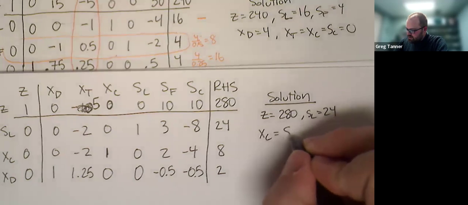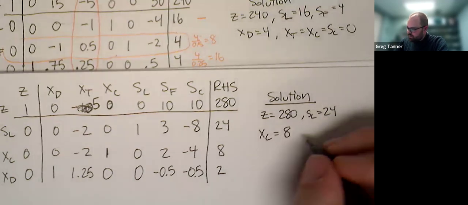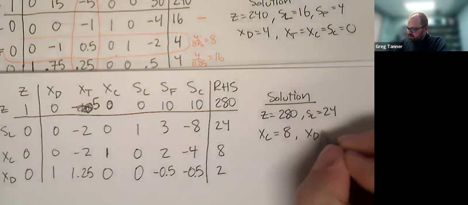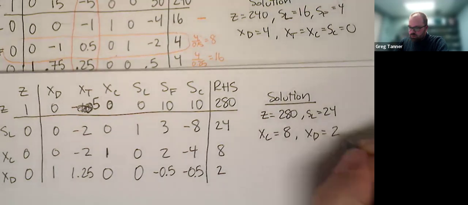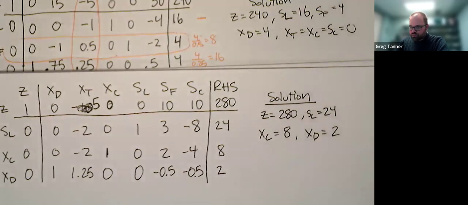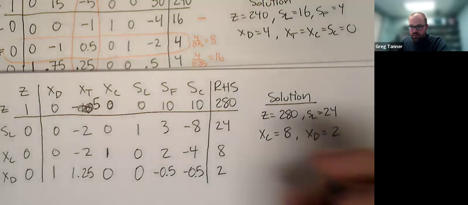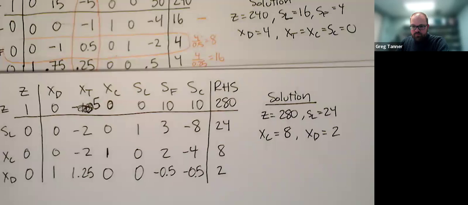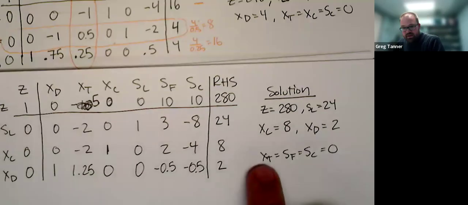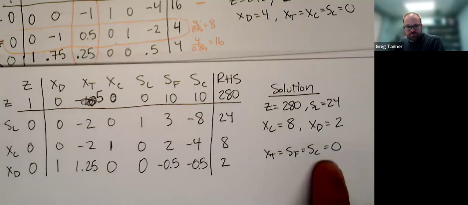XC equals 8. So we're making 8 chairs. XD equals 2. So we're making 2 desks. And then the other variables are non-basic, and so they're all equal to 0.